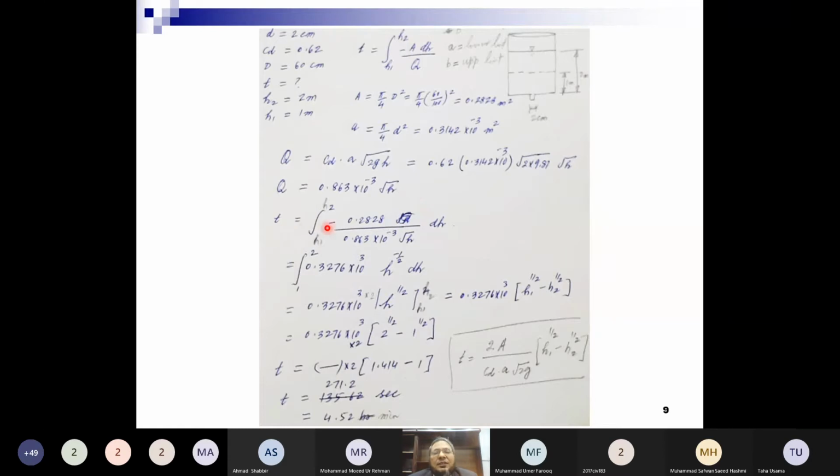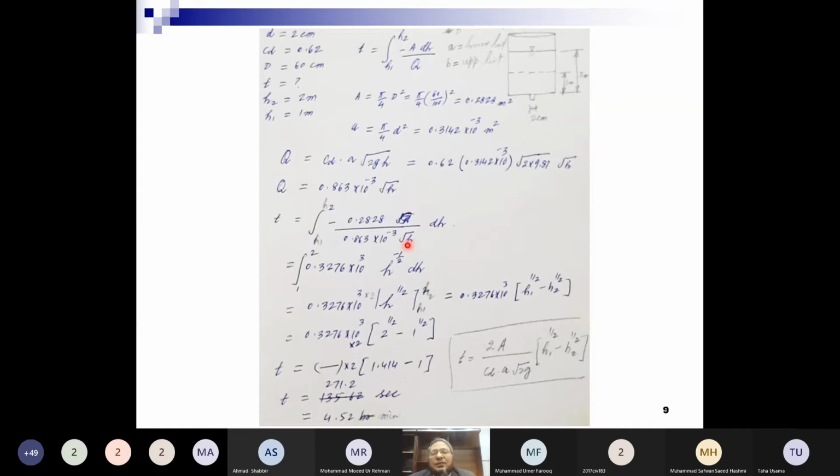Now, using the equation for emptying time, small t, that is the integral h1 to h2, minus the surface area over the discharge in terms of h, into dh.